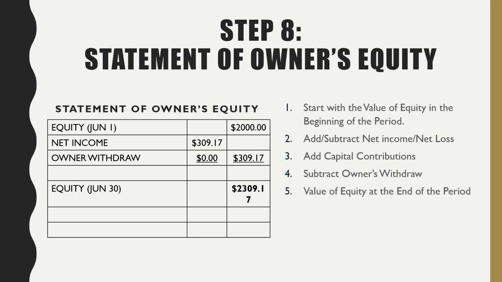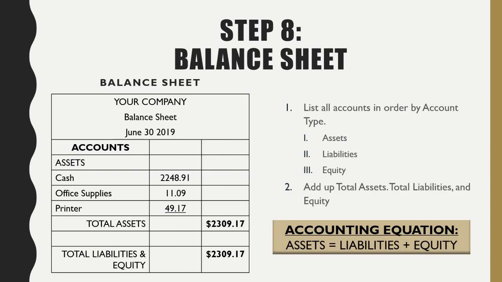Okay, and this number is also very important. Once you figure out what your equity is at the end of the month or your accounting period, this number is going to be automatically taken into the next worksheet, which is your balance sheet.